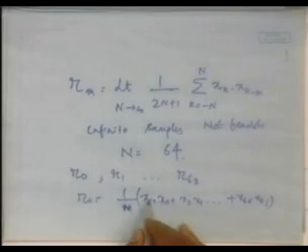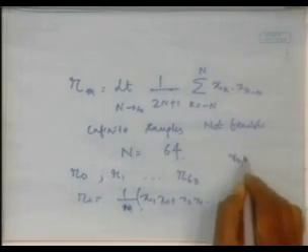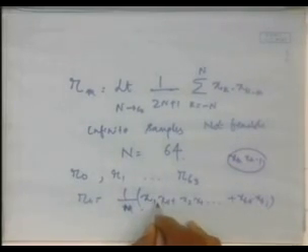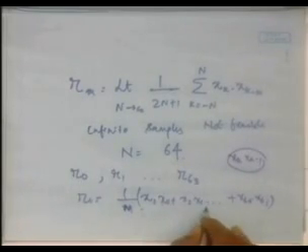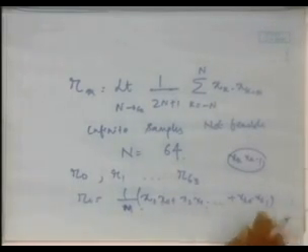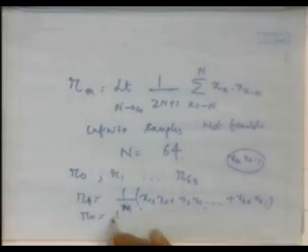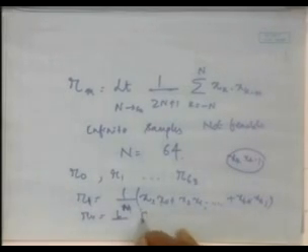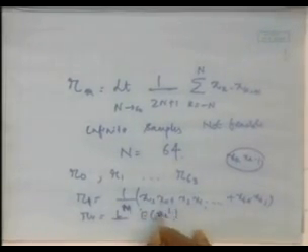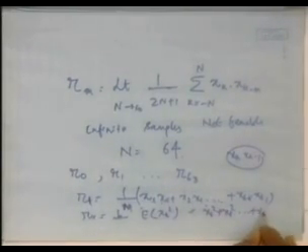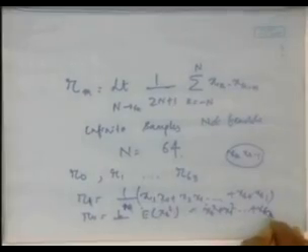Because it is the expected value of xk into xk minus 1, that is x1 into x0, then x2 into x1, then x3 into x2, like that. This is R1, is it not? Then R0 is the expected value of xk square, that is x0 square plus x1 square up to x64 square, divided by 64. So that is the expected value.